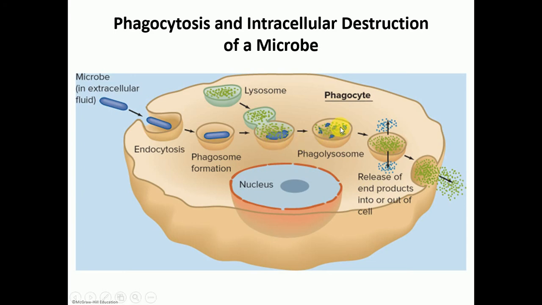You can see here that the microbe has been killed and digested into small particles, and then those particles are released either into the cell or out of the cell. That is how the process works. Again, the lysosomes are full of lysosomal enzymes and hydrogen peroxide, and those help kill and digest the microbes.